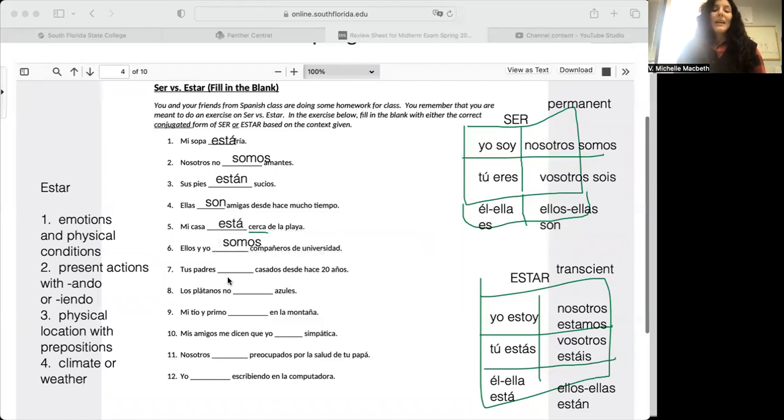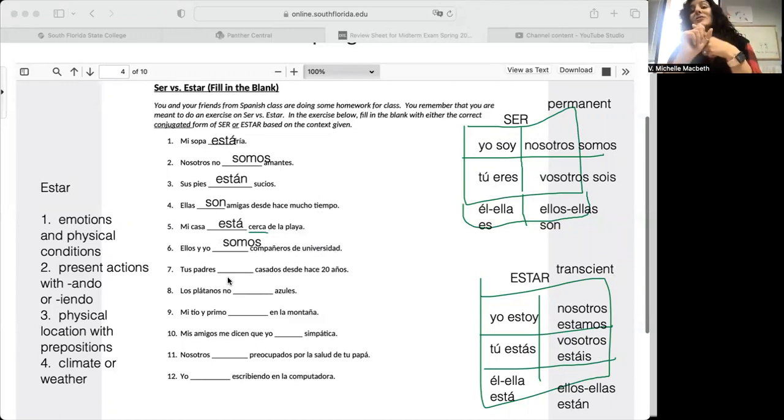Okay. Tus padres casados desde hace 20 años. This should look familiar from the slides as a part of the exceptions to the rule. What were some of the exceptions to this idea of identity or relationship status kind of things that would fall under more of a permanent thing? It was being pregnant was one, right?